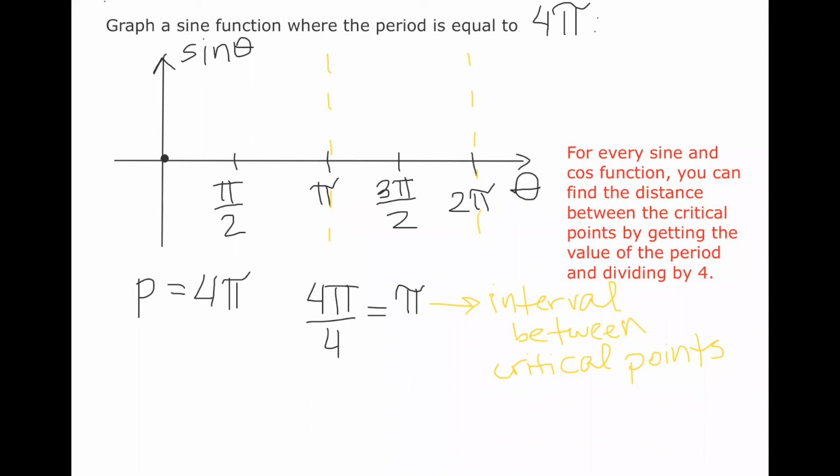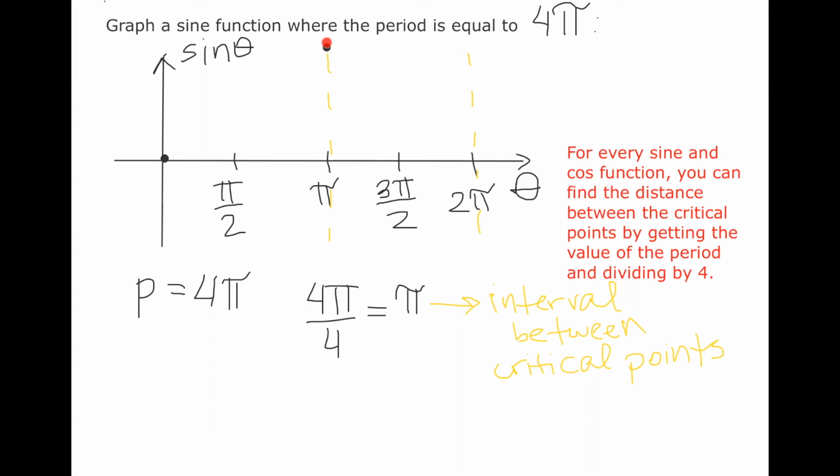Now I have to remember that for the sine function, we started at 0, 0, and the next critical point is a point of maximum. This means that I have to graph my point of maximum at pi, right? Because this is where my next critical point is going to be.